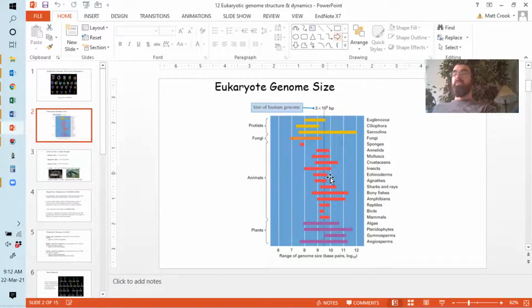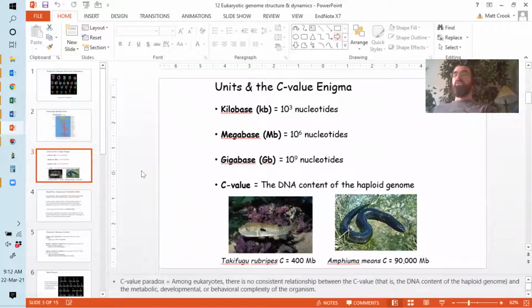Similar for mollusks, about middle of the road for crustaceans, right? I don't know many crustaceans personally. I don't even know many crustaceans in general, right? So I don't even know if we have a bigger or smaller genome than a lobster, for example, or a crawfish, or crawdad if you're from certain parts of the US, right? So what's that all about, essentially? And it's really crazy. It gets really extreme, right? I'll come back to that in a little bit.